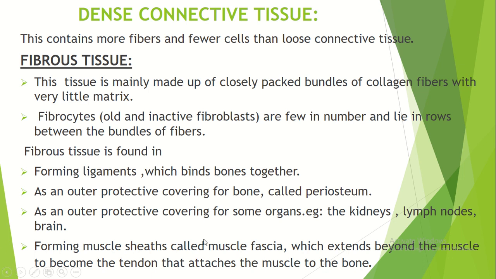It also forms muscle sheets called muscle fascia, which extends beyond the muscle to become the tendon that attaches the muscle to the bone. Because of this muscle fascia and tendon, the muscle is attached to the bone, and this is mainly because of fibrous tissue.